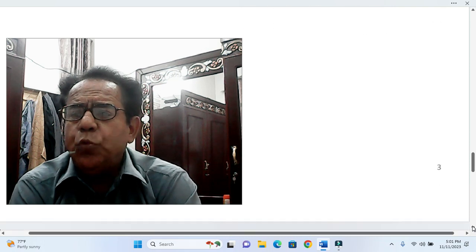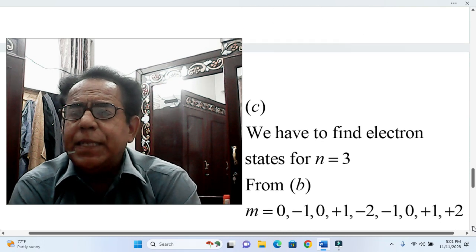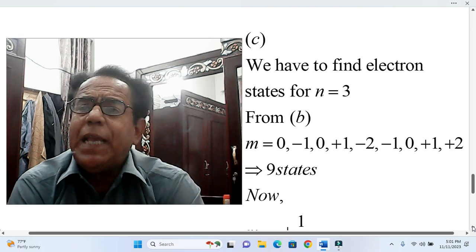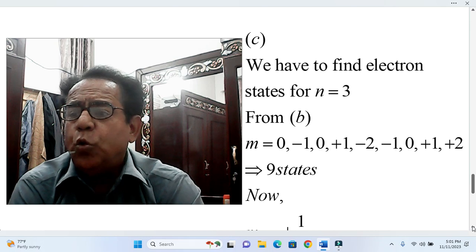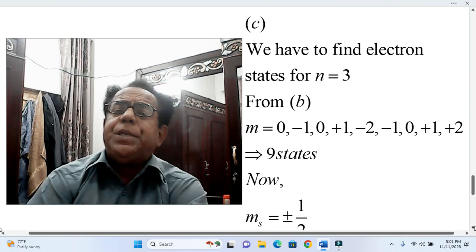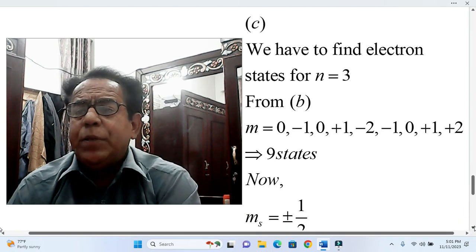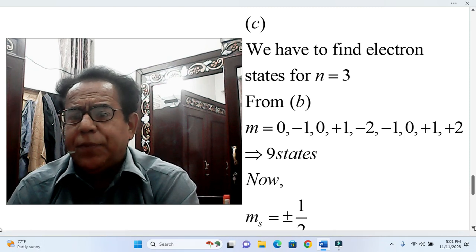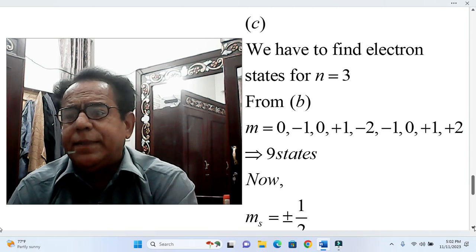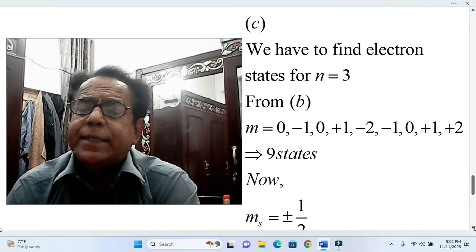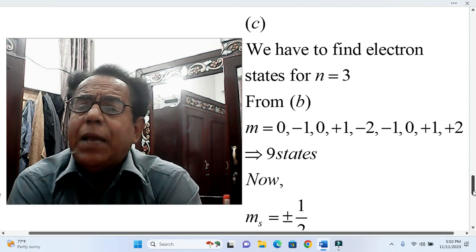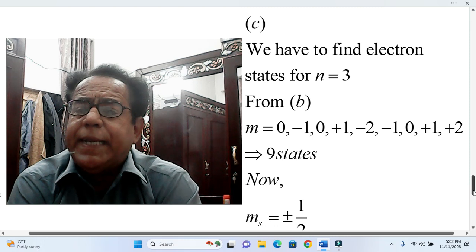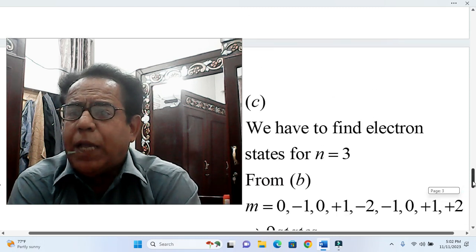Now we move forward. In part C, we have to find electron states for n equal to 3. Dear students, in part B we have found m equal to 0, minus 1, 0, plus 1, minus 2, minus 1, 0, plus 1, plus 2, that is to say 9 states. How 9 states?